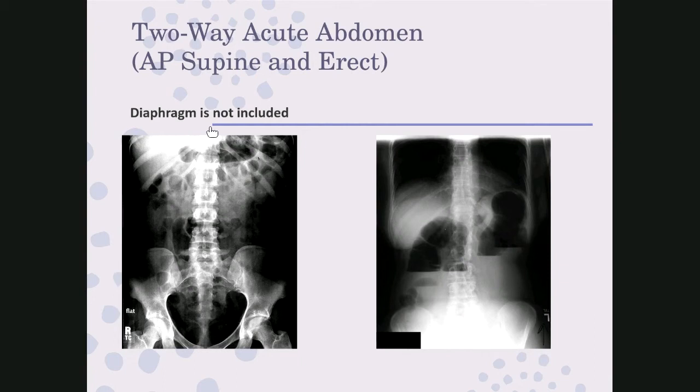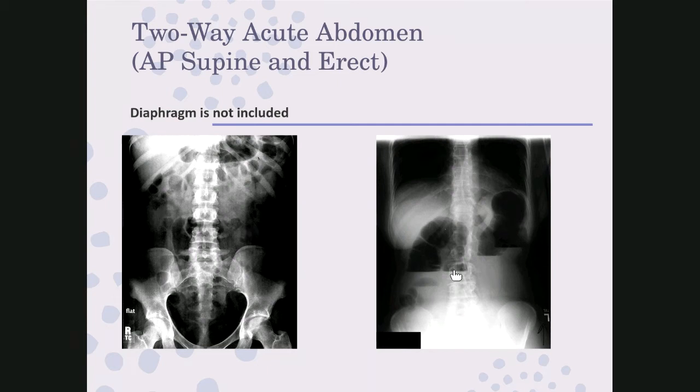All right, so when we look at a two-way abdomen, ideally, if they are able to be ambulatory, we do a supine abdomen, which does not require the diaphragm. With a supine abdomen, you include the pubic symphysis because that's the inferior border of the abdomen, but it is not required to include the diaphragm on an AP supine abdomen. And then you would do an erect abdomen. And again, notice the air fluid levels. Notice how in this one you can see air, but it's not presented distinctly like this where you can tell that the air rises.